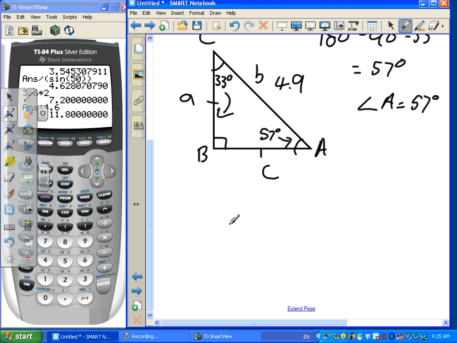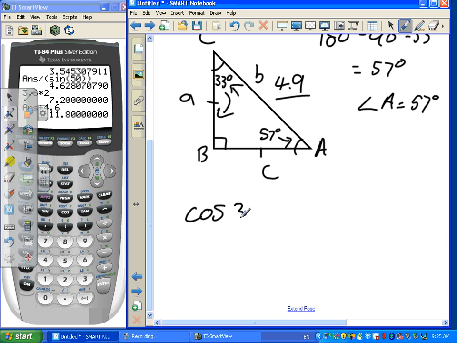Okay? So I have, first of all, which ratio would I use? If I'm using this angle, 33, and I want to solve for side A, and the only measurement I have is the hypotenuse. Cosine. Why cosine? Yes, this is the adjacent side. It's touching that angle.